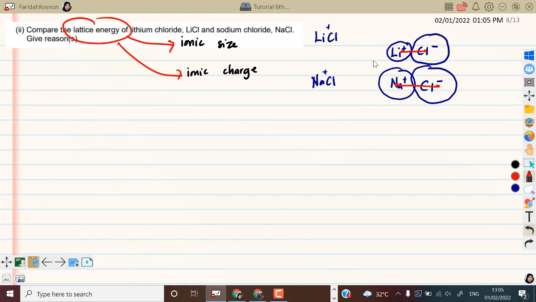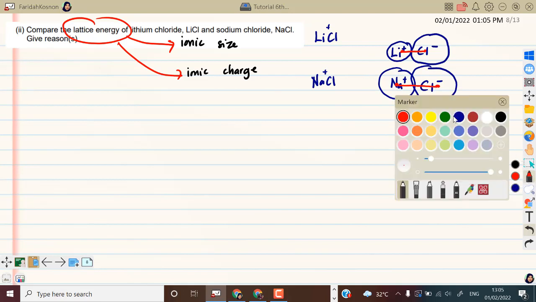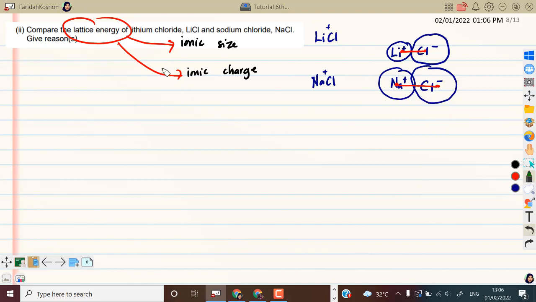Same goes in sodium chloride, dia antara sodium ion and chloride ion. Tetapi yang mempengaruhi di sini, you will notice that the factors that affect the magnitude of lattice energy dalam contoh soalan ini adalah apa? Ionic size. Sebab kalau charge, dua-dua ni, sodium ion dengan lithium ion tu charge satu positif kan. Dia tidak dipengaruhi oleh ionic charge.